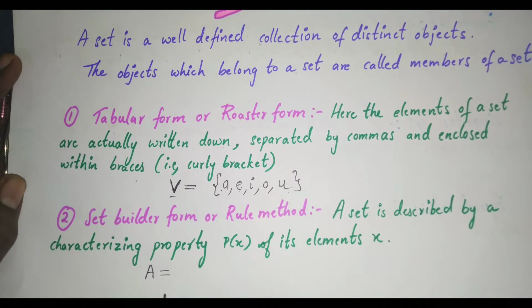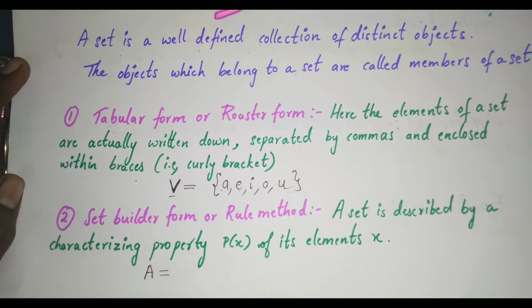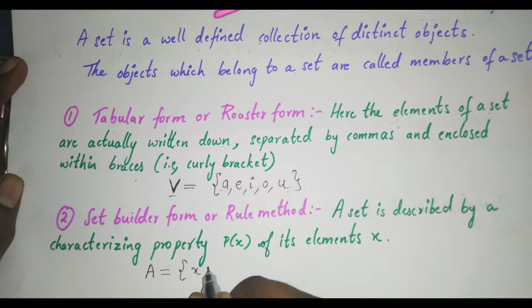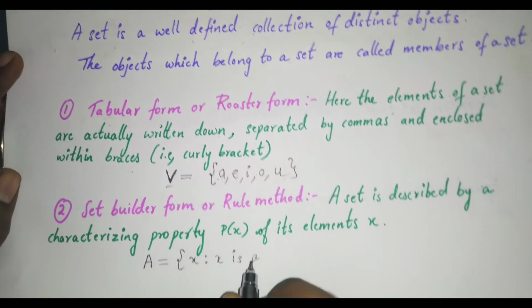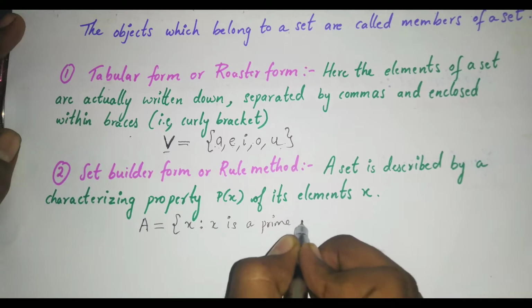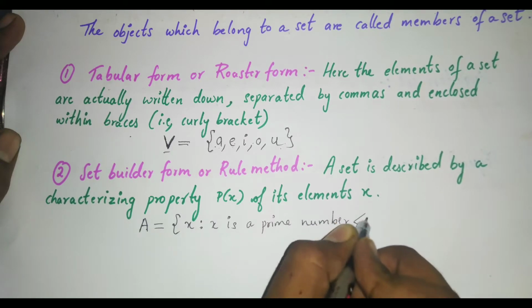A should be a capital letter. A is a set of x such that x is a prime number less than 20.